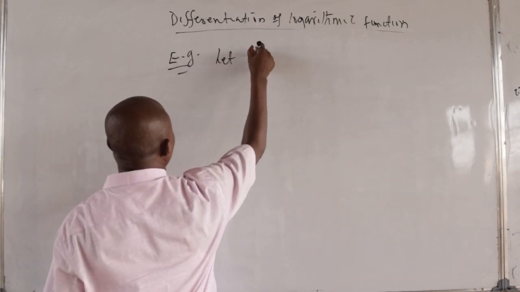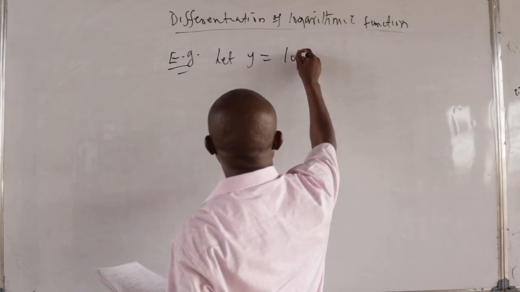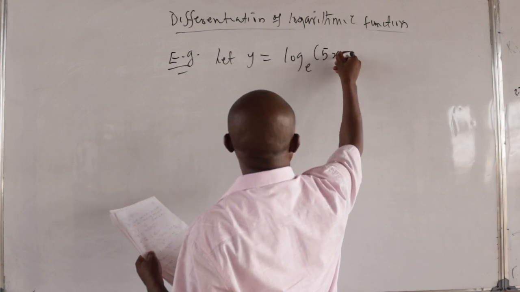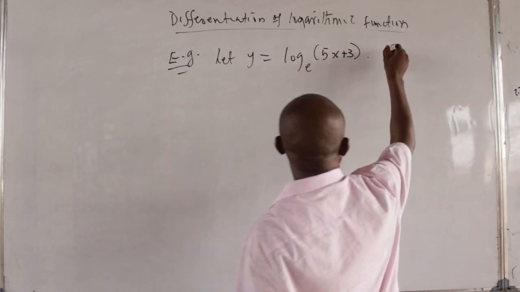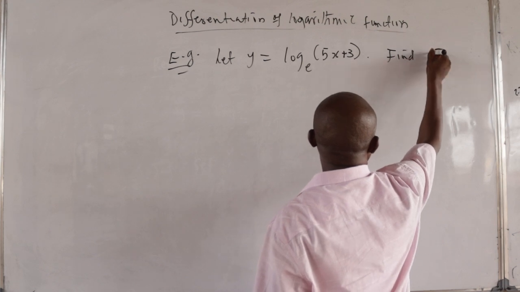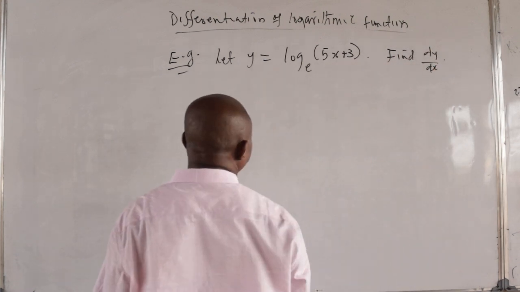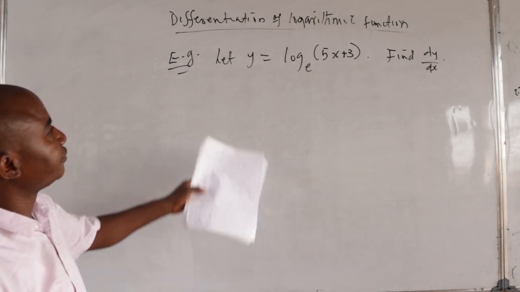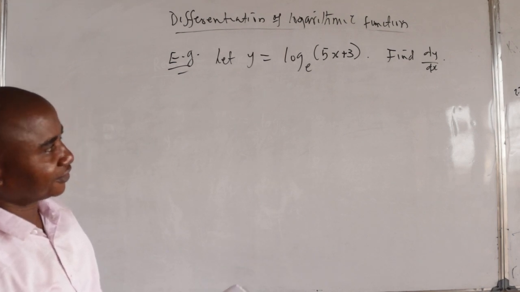So we let y be log to base e of 5x plus 3. And the question is, find dy by dx. Here we're going to find the derivative of this function with respect to x by applying two things.